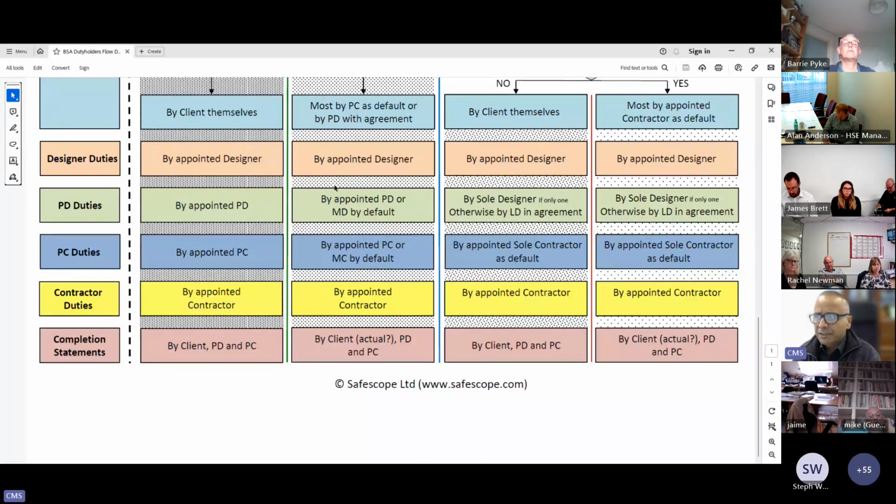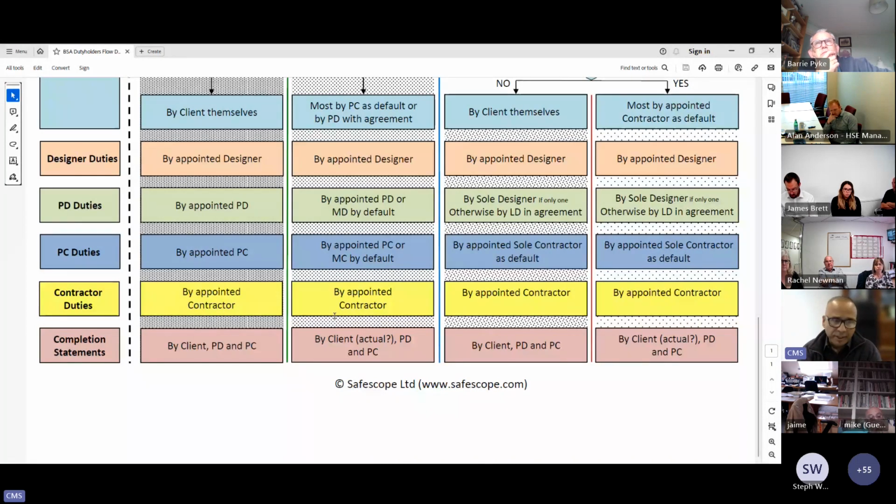What about designer duties? They will be fulfilled by appointed designers. What about the PD duties? We already said by appointed PD or the main designer by default. PC duties, same way, by appointed PC or main contractor by default. Contractor duties will be by appointed contractor, and completion statement exactly same way as the one contractor domestic client scenario.